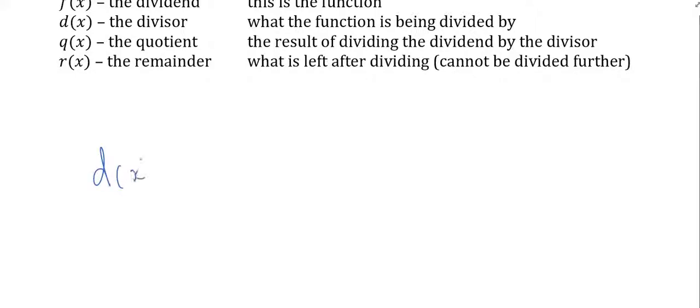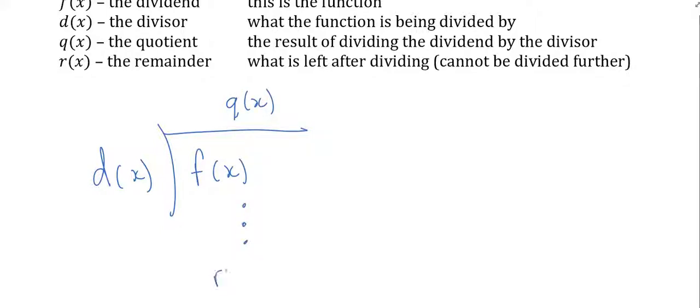It goes like this. D at x divides into f at x, and then you do some work, you calculate q at x, and down here is r at x, your remainder.